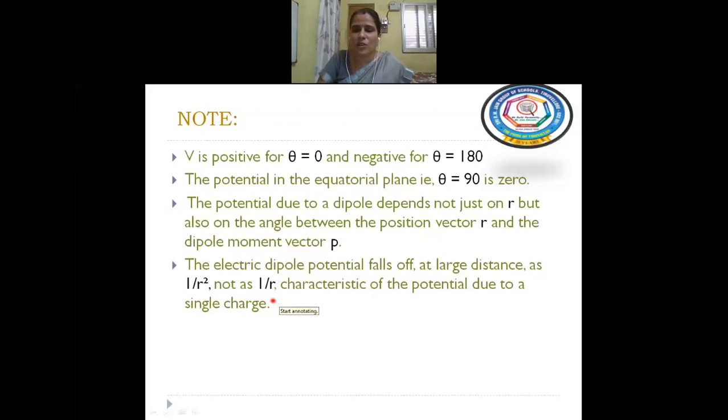What is the potential due to a single charge? The potential due to a single charge is V is equal to Q by 4 pi epsilon naught R. But the potential due to a dipole is P cos theta divided by 4 pi epsilon naught R square.